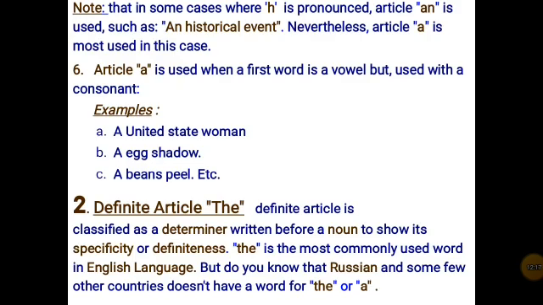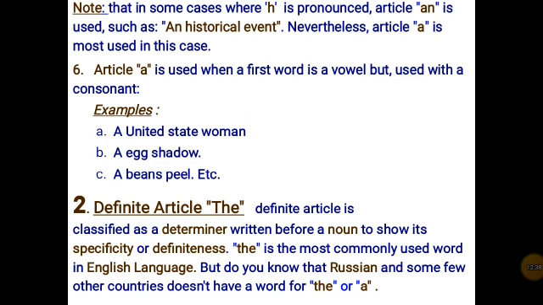Now, on our next slide, we have a note that in some cases where H is pronounced, article an is used, such as an historical event. Now, this simply means that in the English language, there is always an exception.